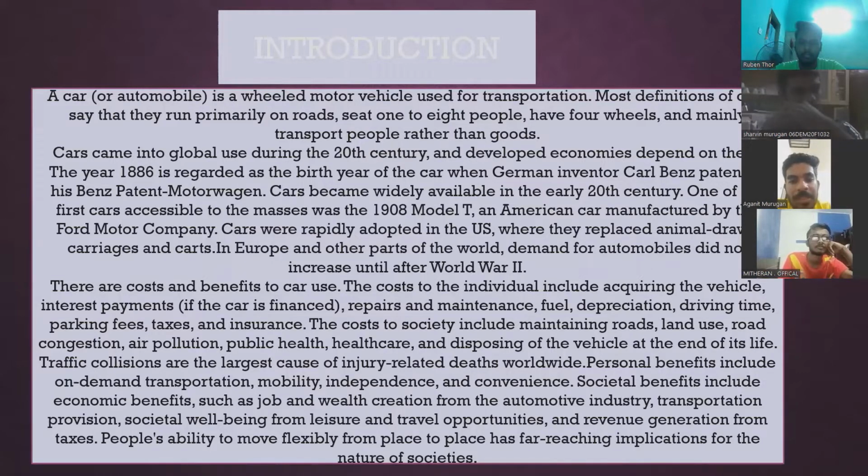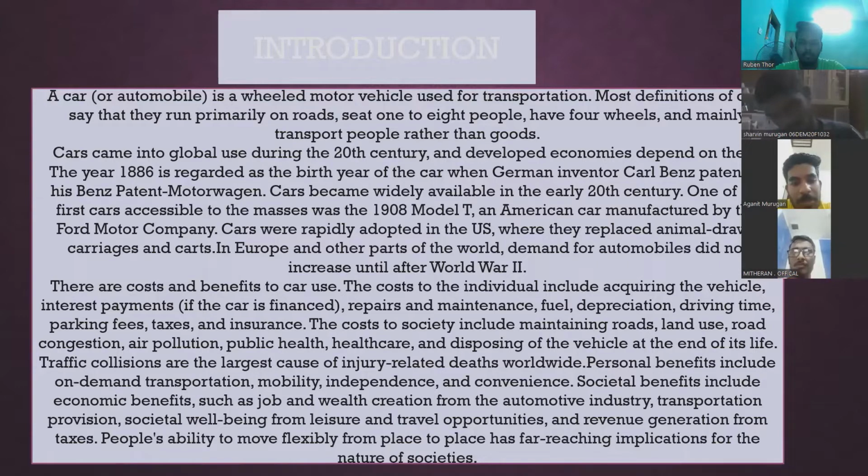Personal benefits include on-demand transportation, mobility, independence, and convenience. Social benefits include economic benefits such as job and wealth creation from the automotive industry, transportation provision, social well-being, leisure and travel opportunities, and revenue generation from taxes.